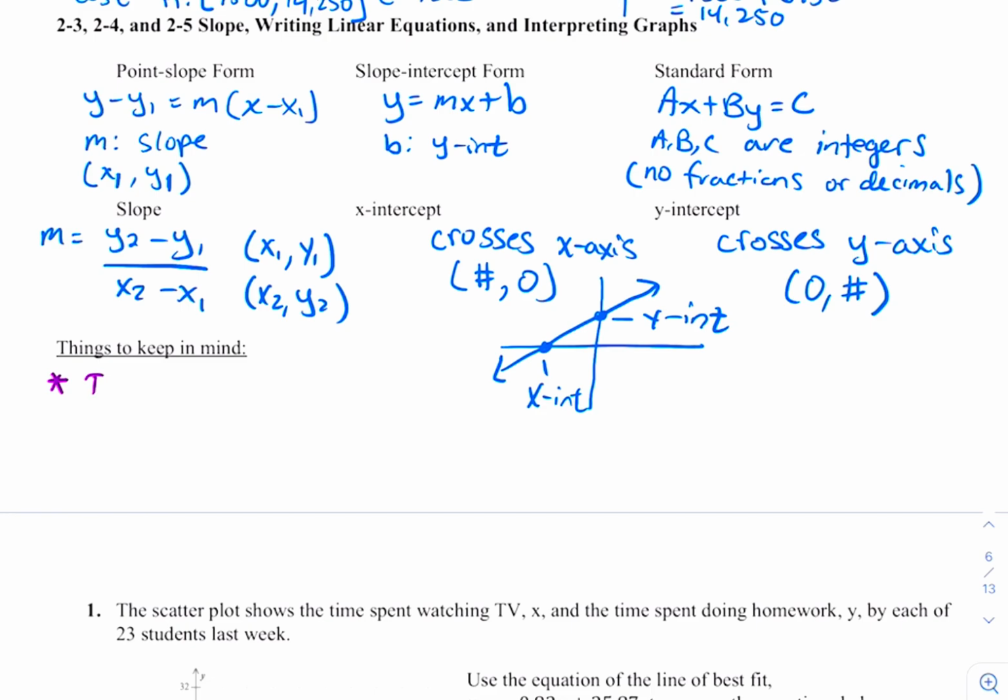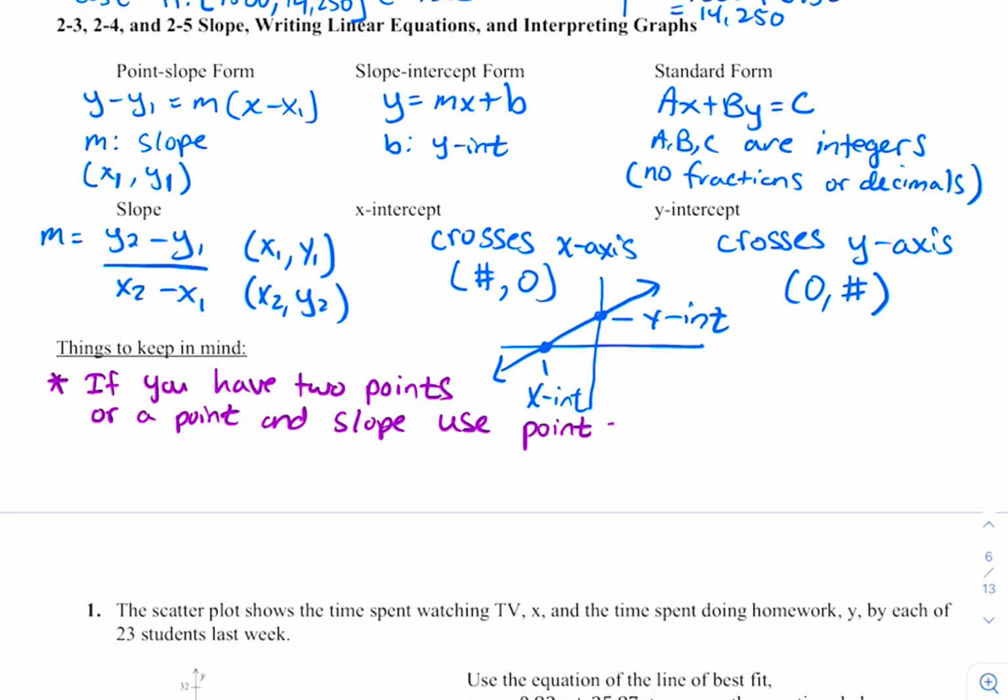So if we have 2 points or a point and slope, we are going to use point slope form. If we are going to graph, we are going to use the slope-intercept form.